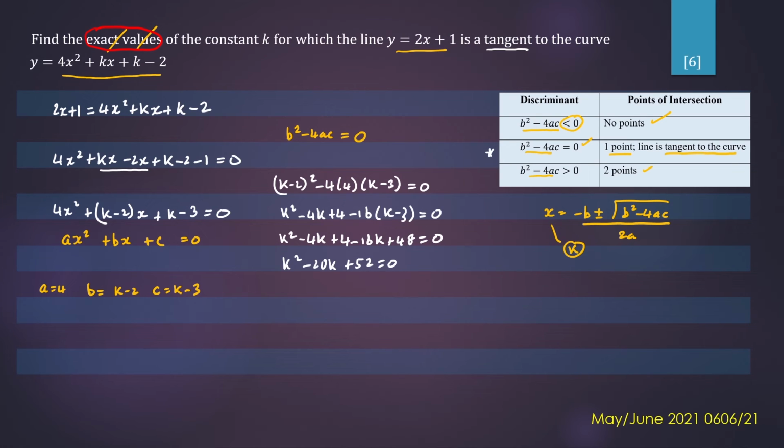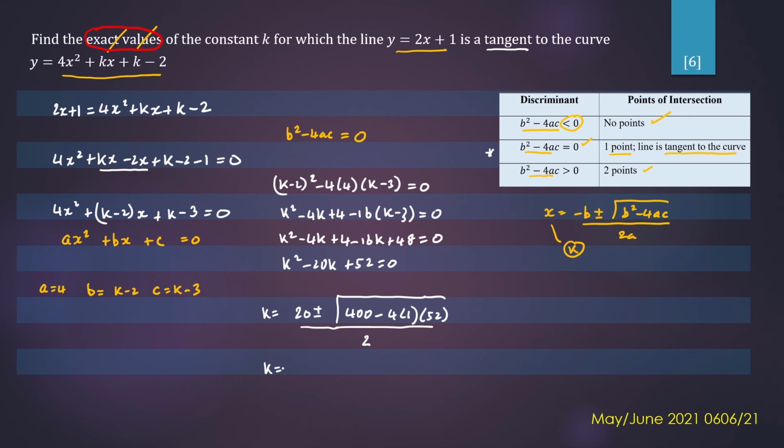In this case, a will be 1. Let's substitute our numbers into the formula. We'll have k equals negative b, and b is already negative 20, so we can write 20 plus or minus the square root of negative 20 squared, which is 400, minus 4 times 1 times 52, all divided by 2a, and a is 1, so that's 2.